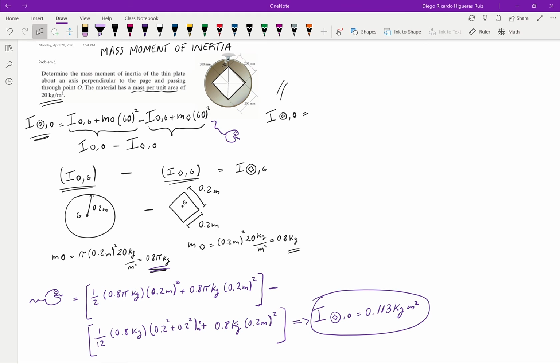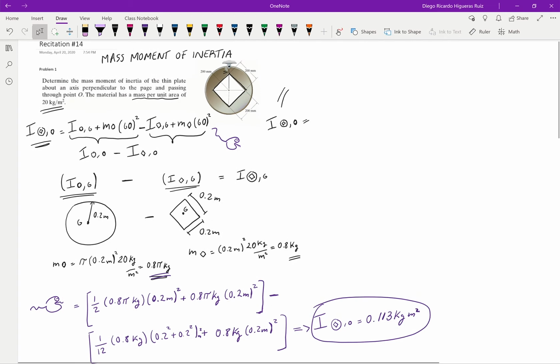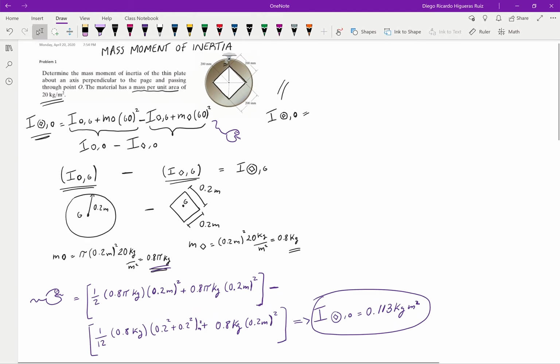There are a lot of steps that we need to take, but once we identify the simple geometries and we subtract or add the moments of inertia of a simple geometry with respect to another simple geometry, we can get easily to any mass moment of inertia that we need to find. Alright, so that was for mass moment of inertia.